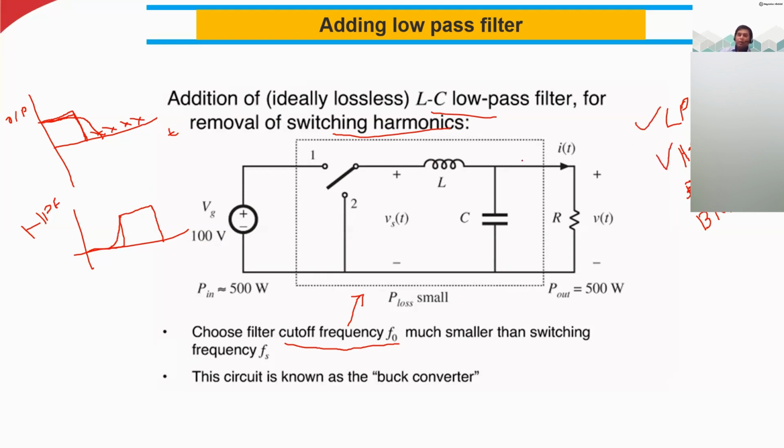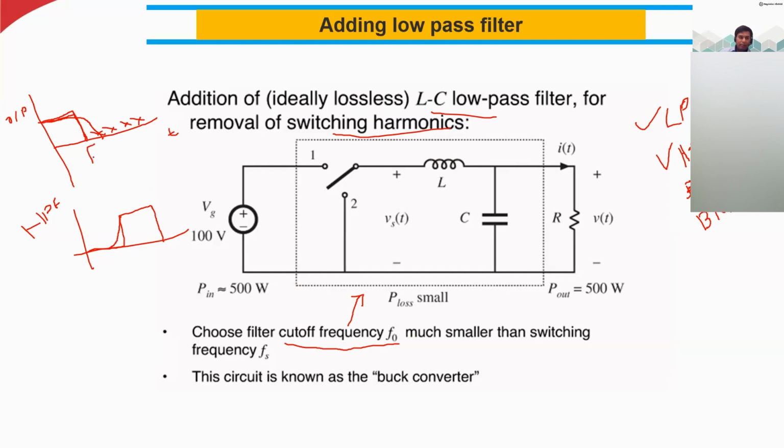If you have some kind of impulses, high frequency impulses, then you can use this HPF or you can use this LPF to filter those impulse responses, and you can get the desired voltage or desired power to the load. So we are using different types of filters also in power electronics. When we talk about filters, then we have to talk about the cutoff frequency.